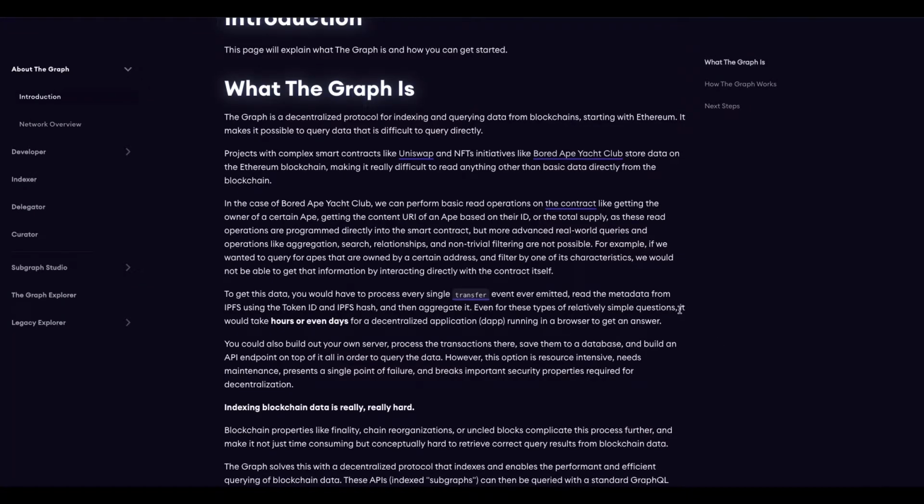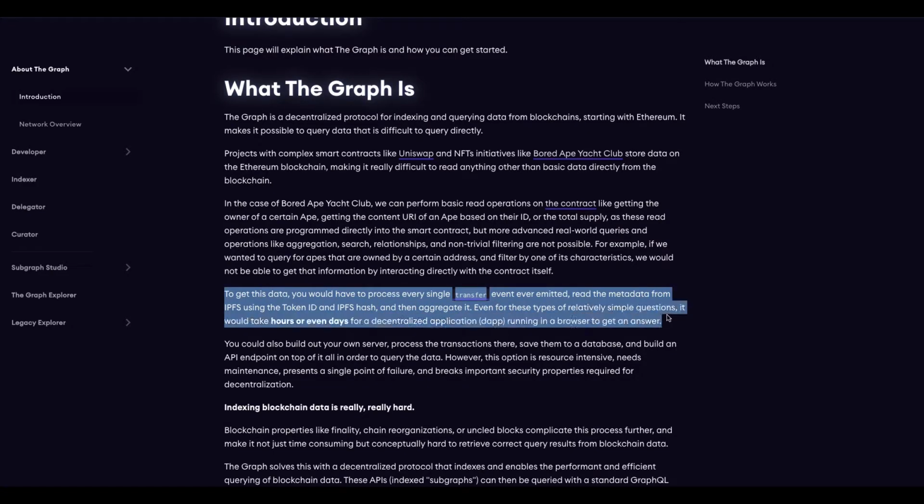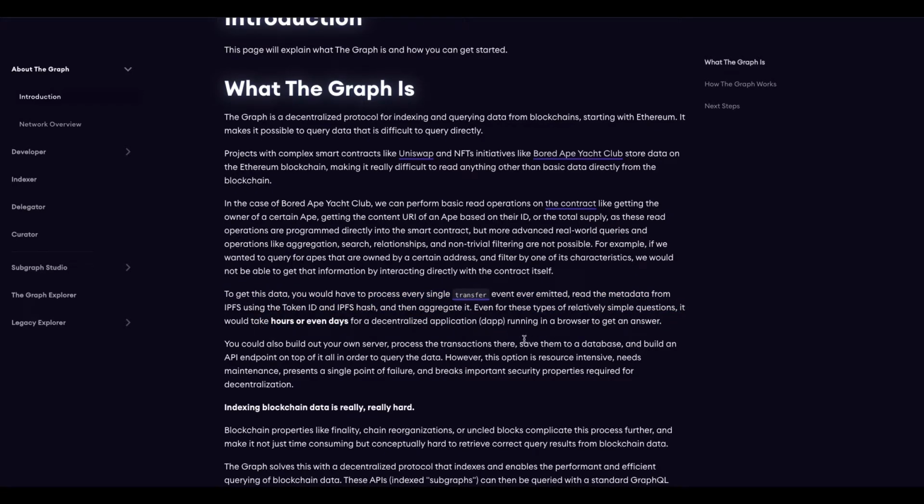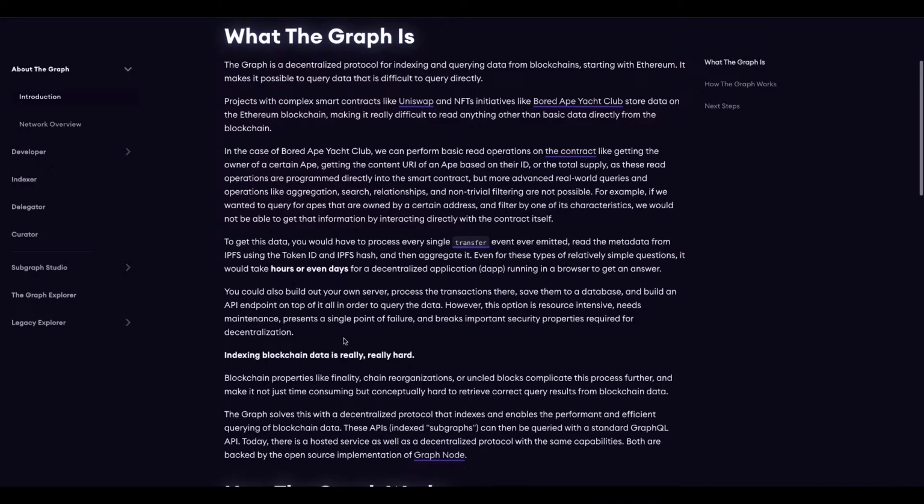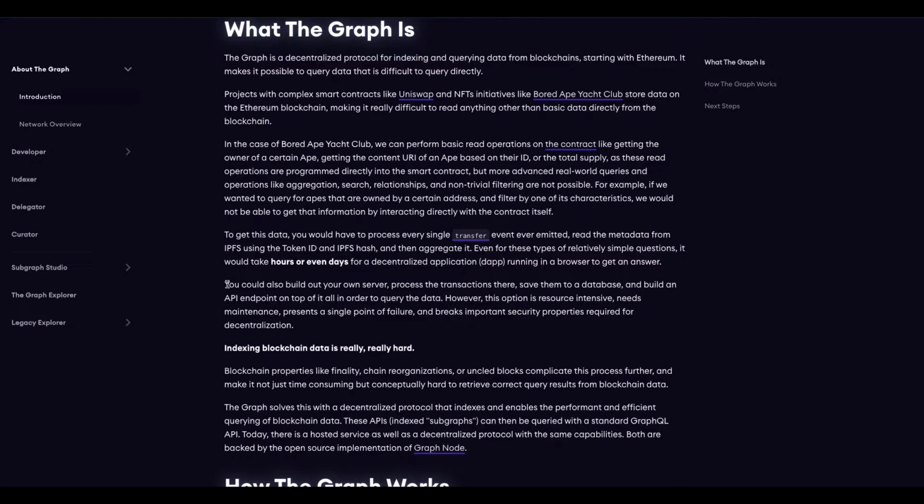They're saying that to do one simple process of querying data on the blockchain, it could take hours or days to query data from a dApp. There's also building your own server, but that can cause failures, and it takes a lot to manage.